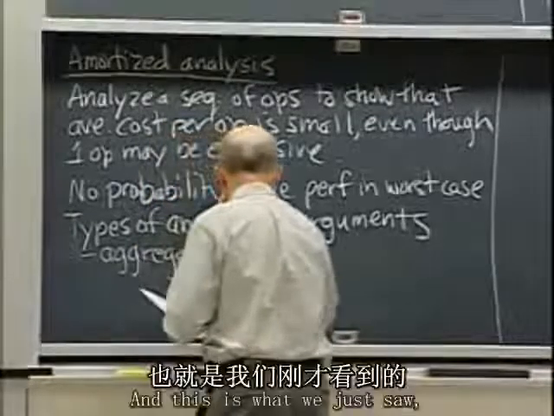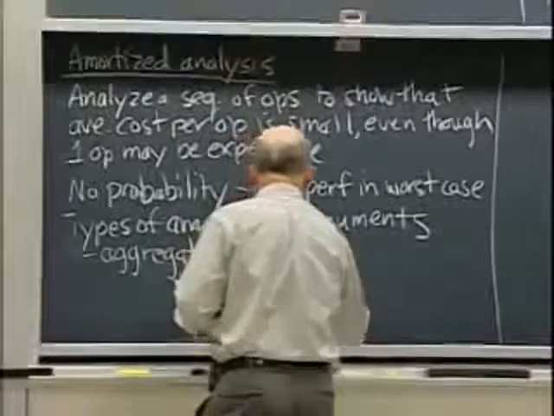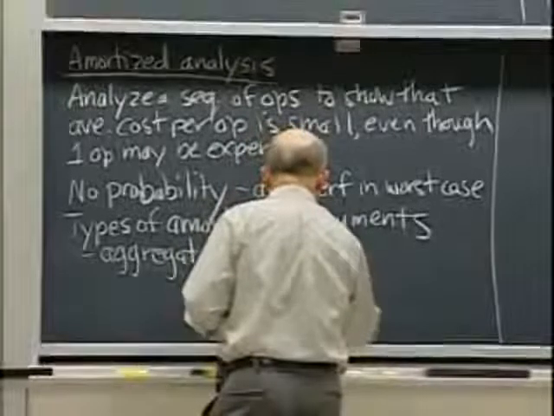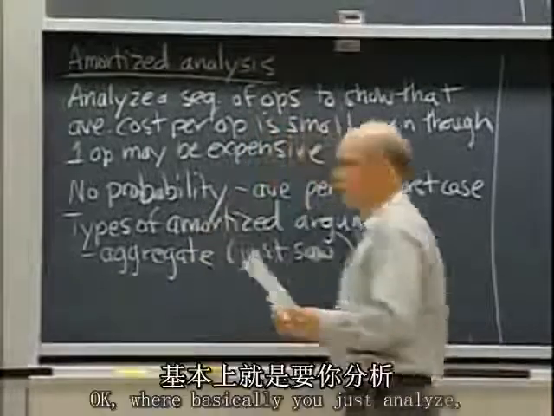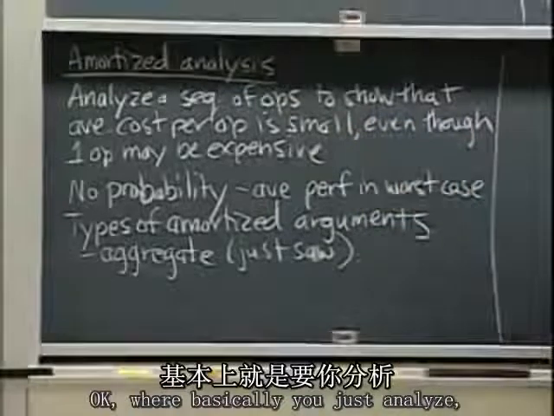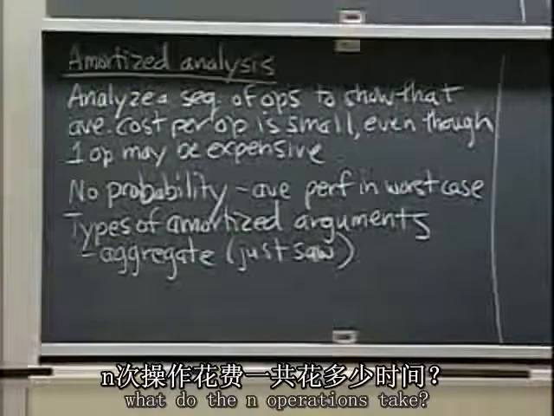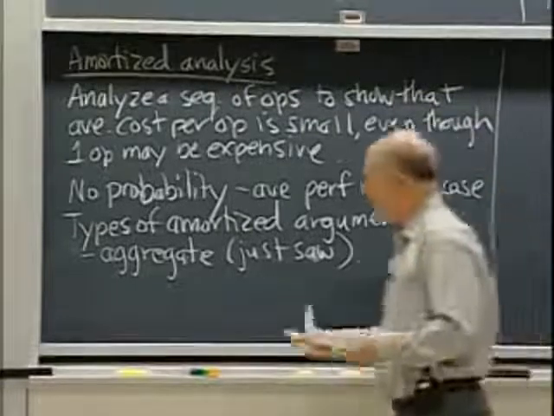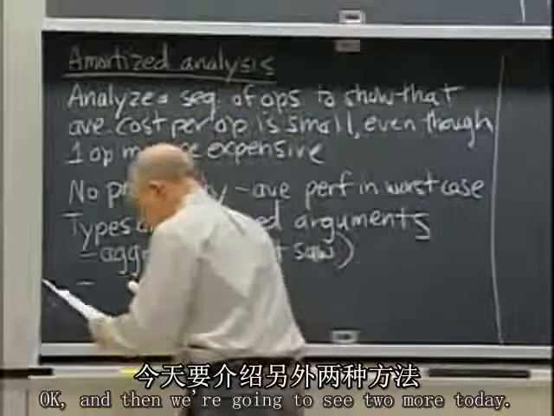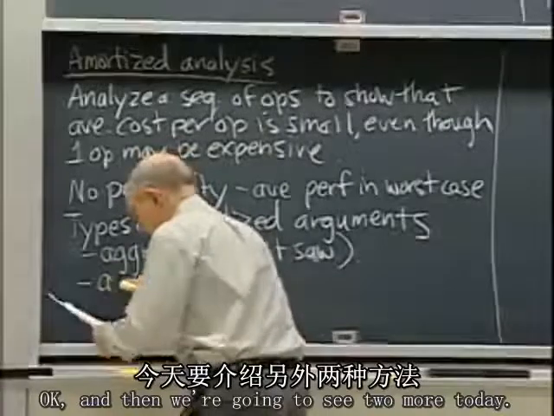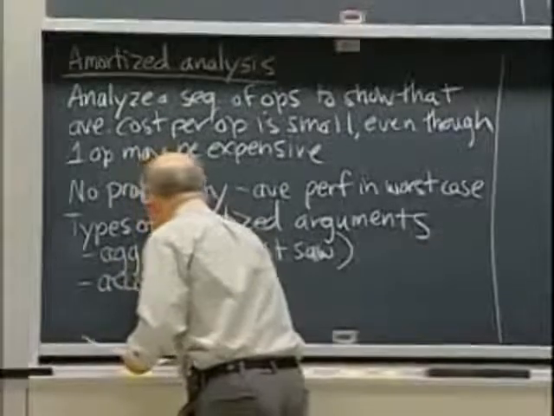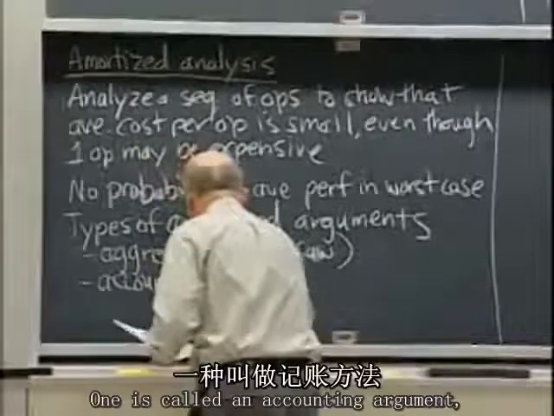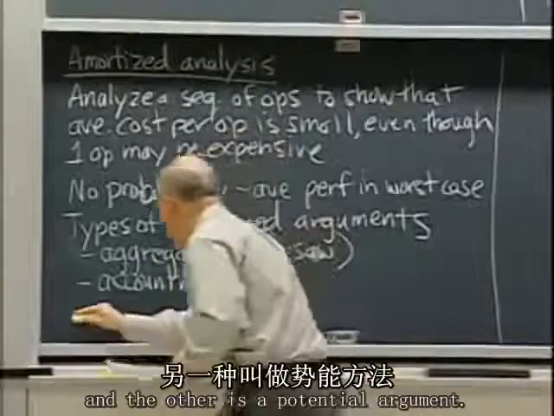And this is what we just saw, where basically you just analyze what the n operations take. And then we're going to see 2 more today. One is called an accounting argument, and the other is a potential argument.